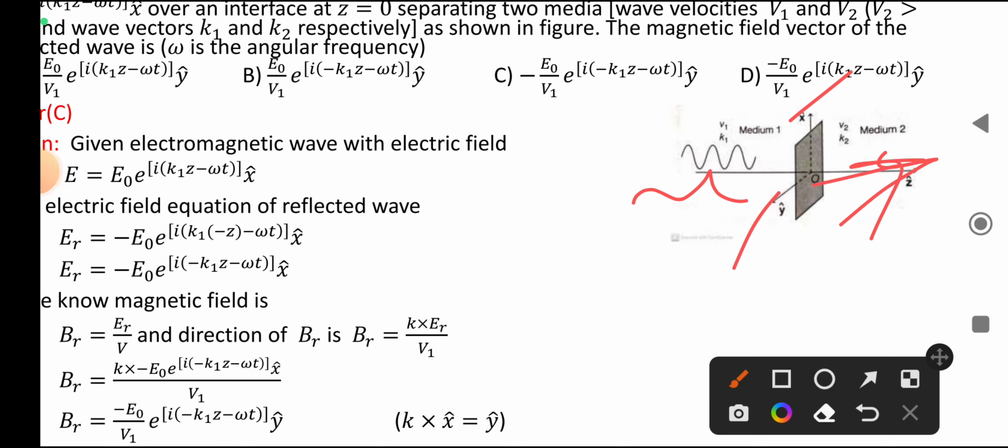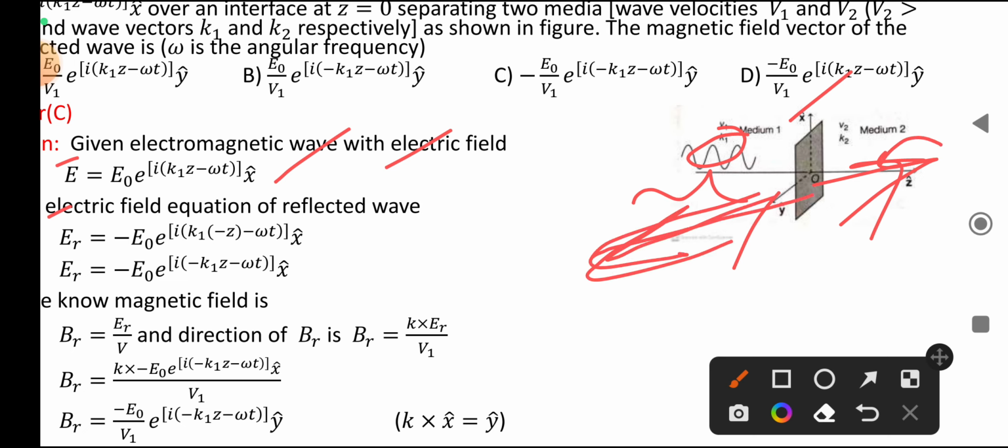So the given electromagnetic wave has electric field E equals E naught e power i (k1 z minus omega t) x cap, where k1 z means in the first medium. The electric field equation for the reflected wave means reverse direction, opposite to z, so in place of plus z you have to write minus z. But the k value is the same, why?